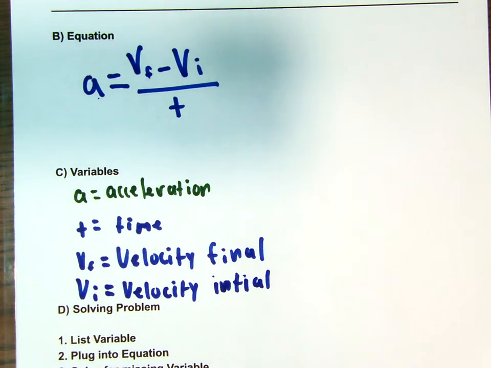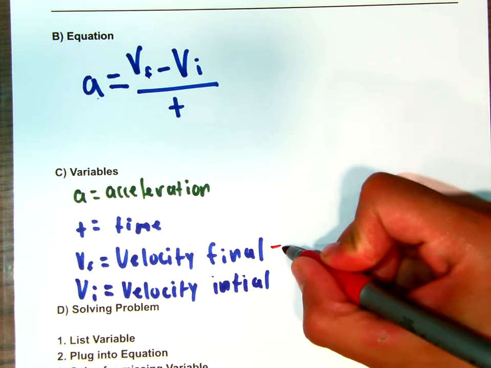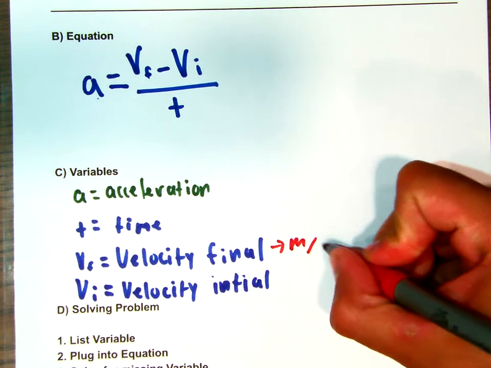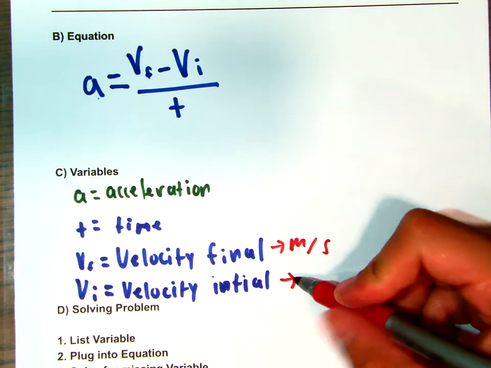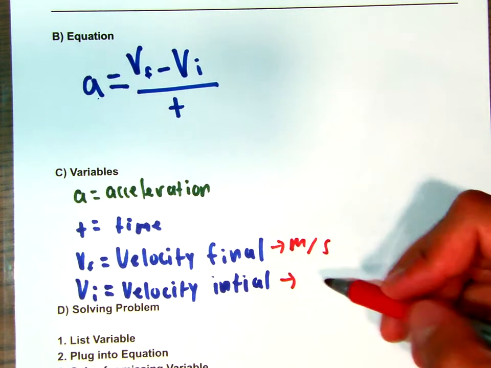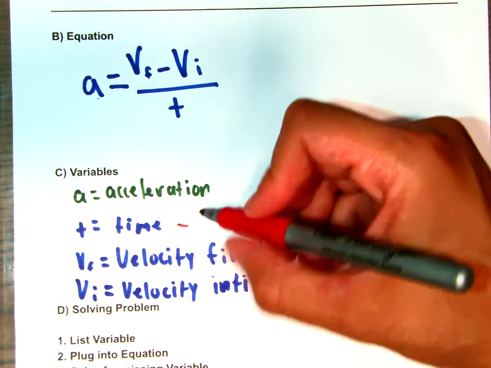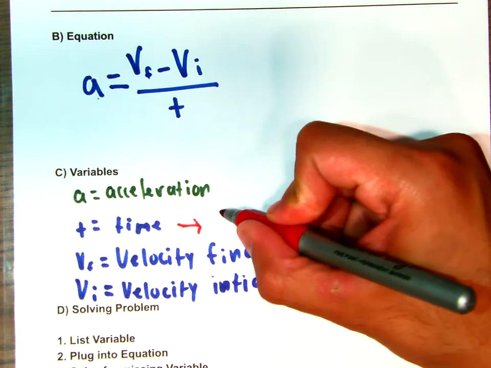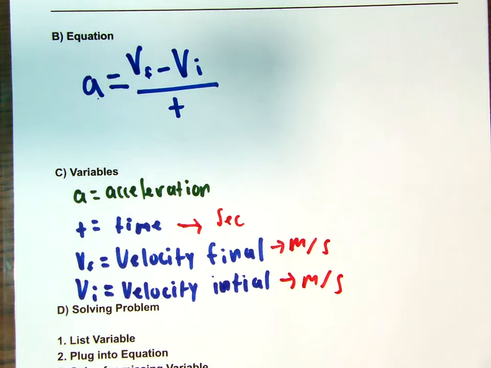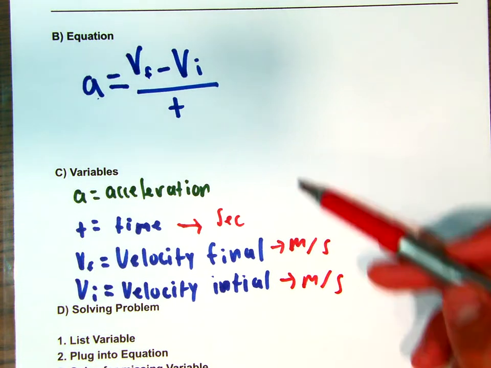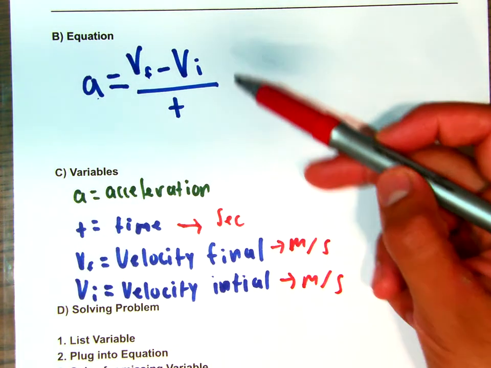Okay? All right. Now let's go over what our units are for this. Well, we know velocity is speed, and we measure that in meters per second, right? We've been doing that. And this is also speed. It's just the first speed, meters per second. Time, we know we measure by seconds. Okay? In acceleration, we are dividing speed by time.